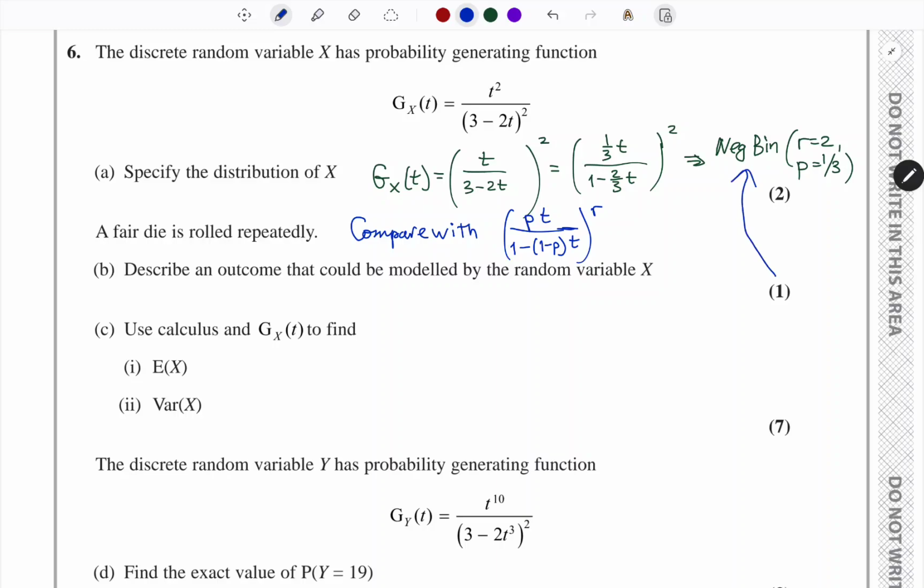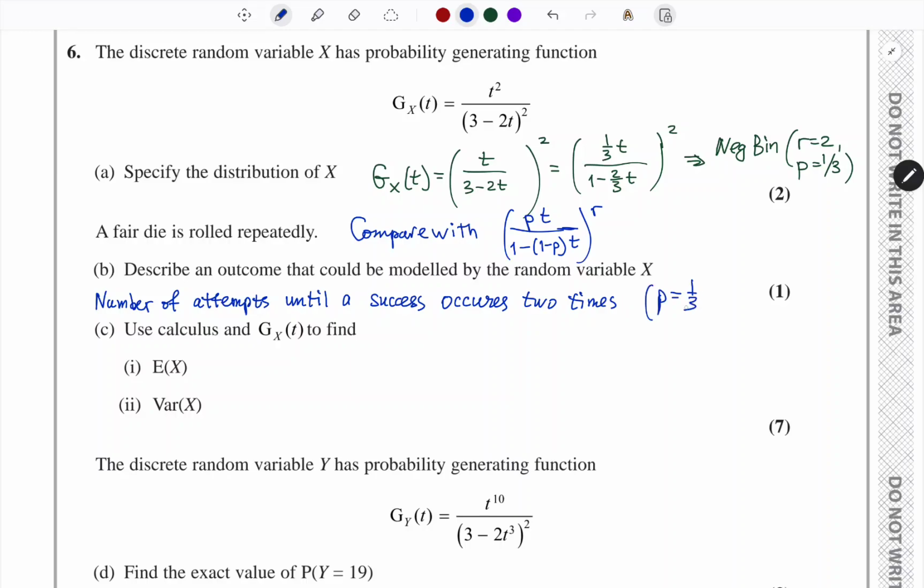So we have already defined the name of the negative binomial distribution, so we just have to describe it. It's number of attempts until a success occurs. Success occurs 2 times. Yeah, 2 times. Probability of success is 1/3.